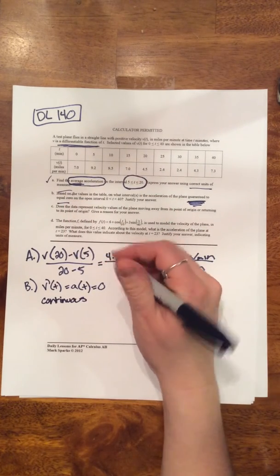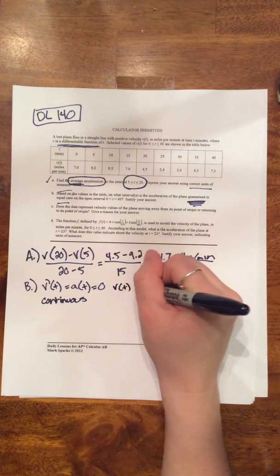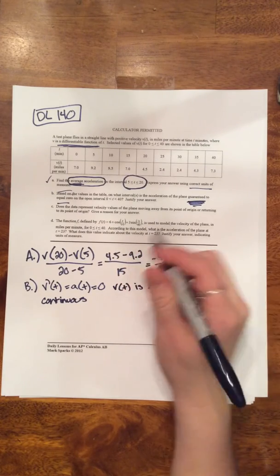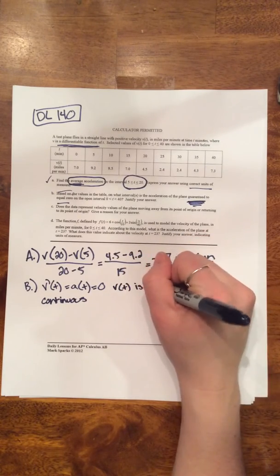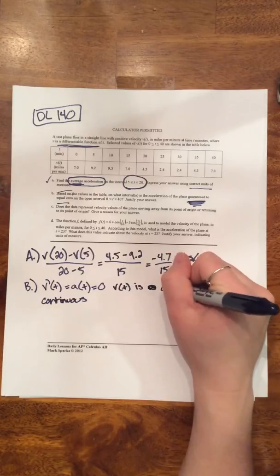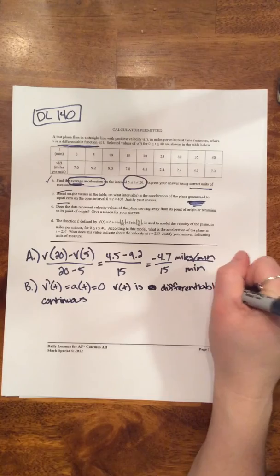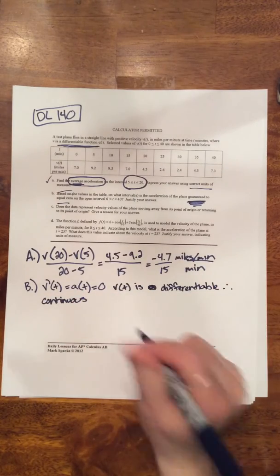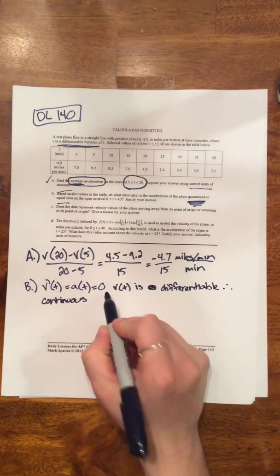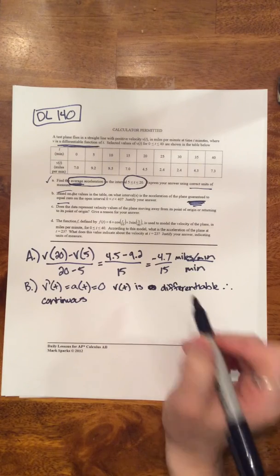So I'm going to say v of t is differentiable, therefore continuous. And because I'm talking about v prime equaling 0, I know I've got to say something about Rolle's theorem.